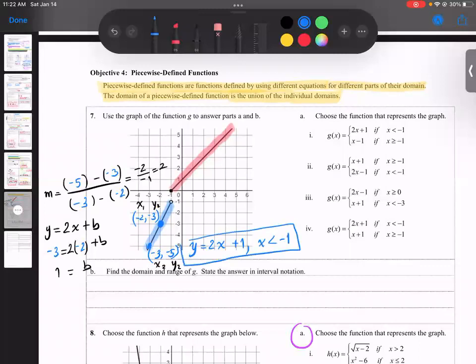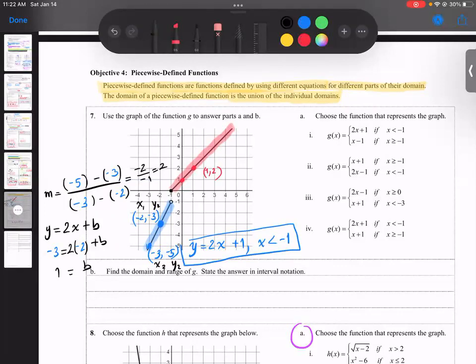My second function, the red one, we're going to do the same thing. This one is slightly easier because I already know my y-intercept, my b. All I have to do is find a point, plug it in, and find m. I suggest you find a point that has integer values. So this one right here, let's say (1, 2).